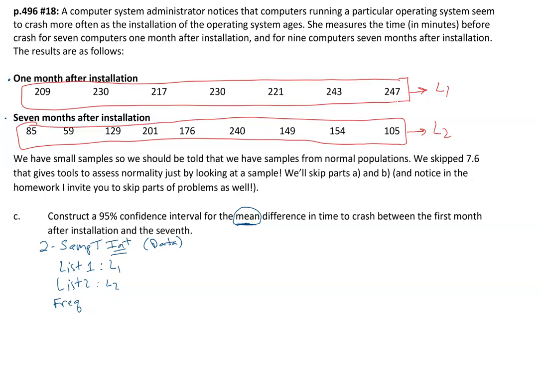So the frequency for the first list should just be the number 1, no list there. And the frequency for the second group should also just be a 1 because there's no lists there. And then of course the confidence level is our 95%, either whole number 95 apparently, or the 0.95. And then that pooled question, once again, no indication here of any standard deviations, so we'll say no there.